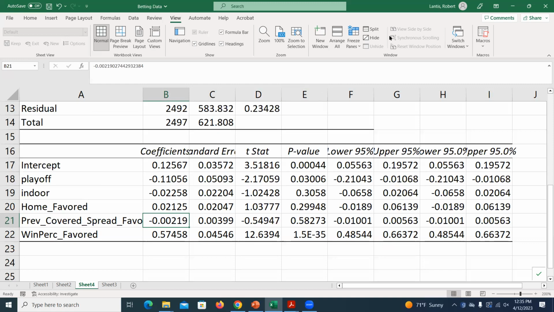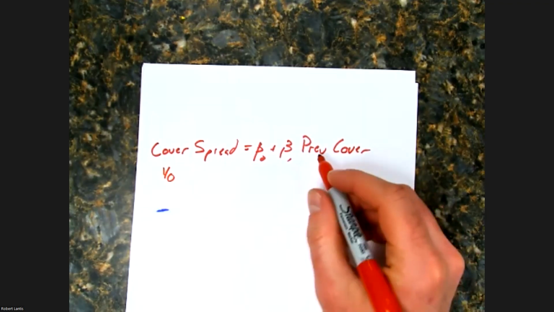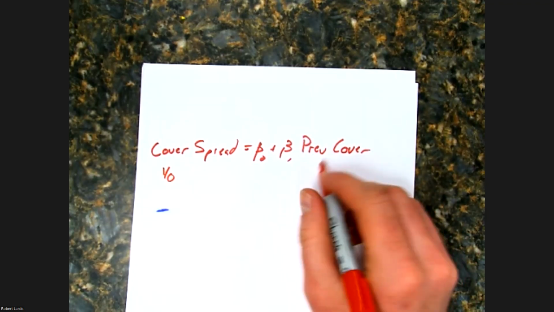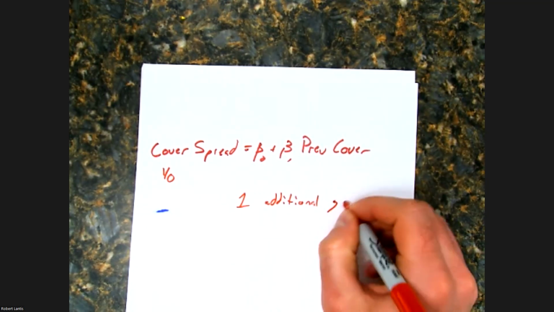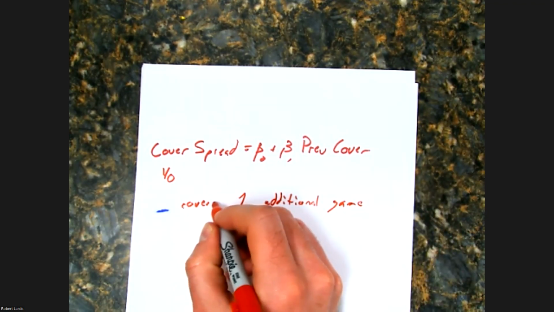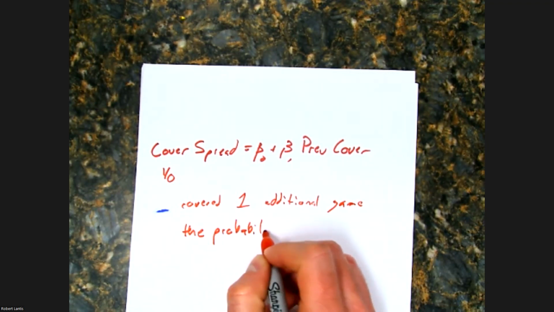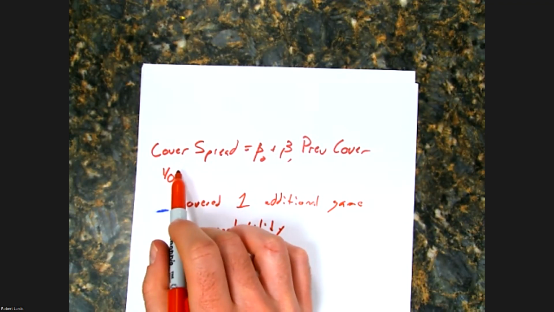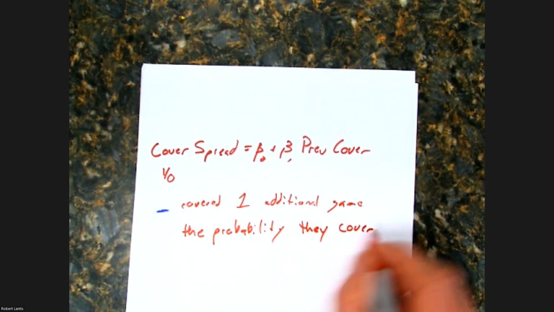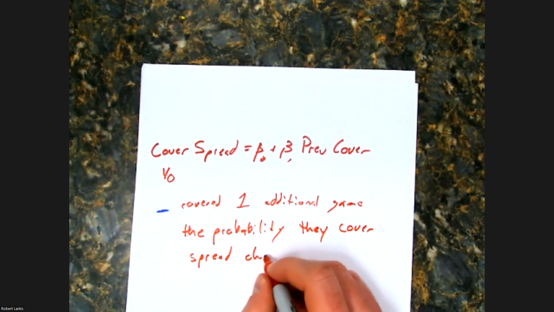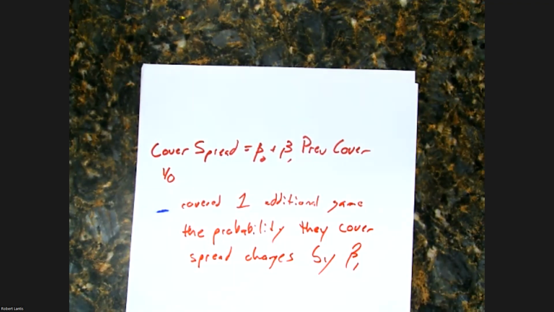Now, remember, anytime we have a dependent variable that is a 1-0, the interpretation here is a 1 unit increase in X. So if they covered one additional game previously, the probability of the Y variable going from 0 to 1, so the probability that they cover the current spread, changes by whatever that coefficient was, or in our case, decreased by about 0.002.